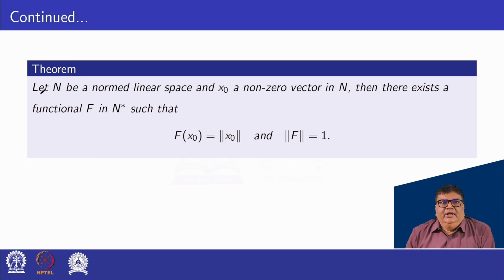Next theorem. If N be a normed linear space and x0 a non-zero vector in N, then there exists a functional f in N star such that f of x0 is equal to norm x0 and norm f is equal to 1.